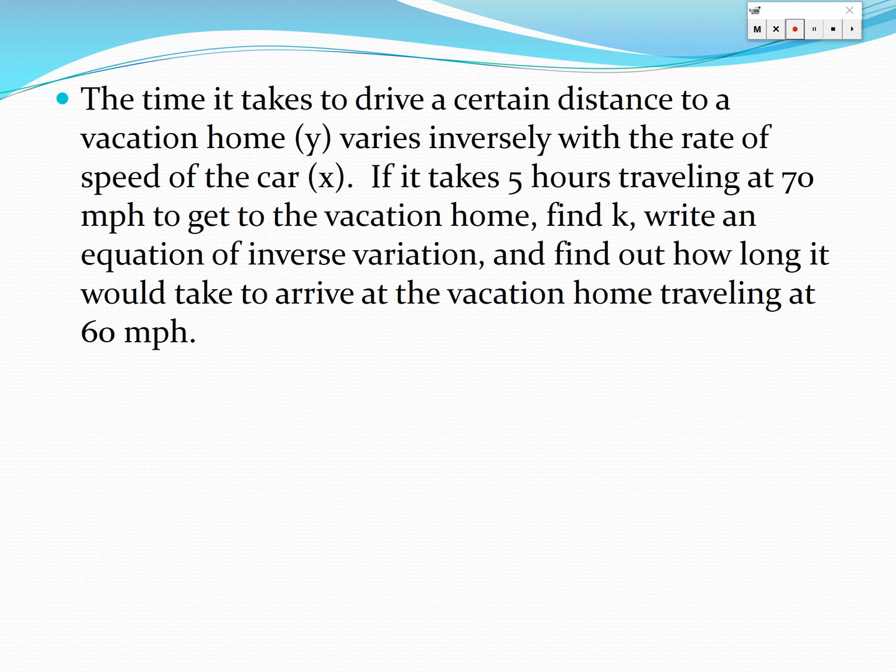So let's start with y equals k divided by x. The first piece asks us to find k. We have 5 hours and 70 miles per hour. The time is y, so 5 will be y.